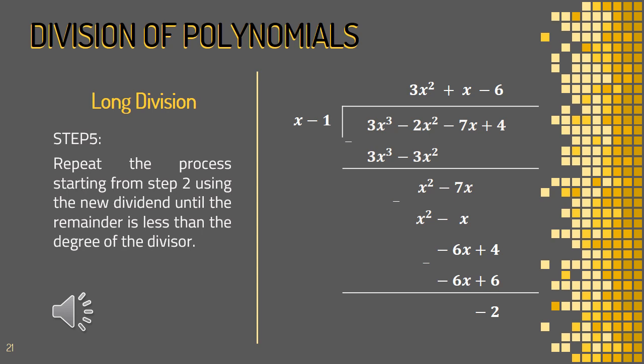So since we come up with negative 2 wherein the degree is 0, which is a lesser degree than x minus 1 because x minus 1 has a degree of 1. So therefore, we have now the quotient, which is 3x squared plus x minus 6, and the remainder, which is -2.